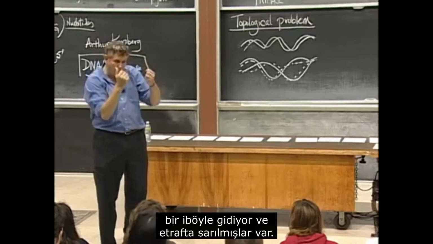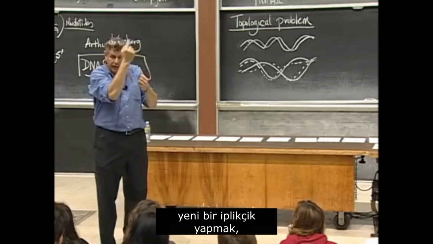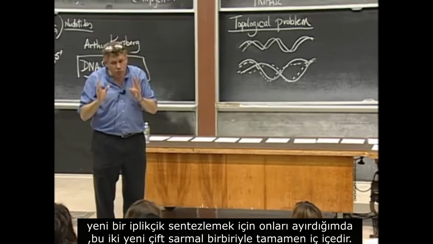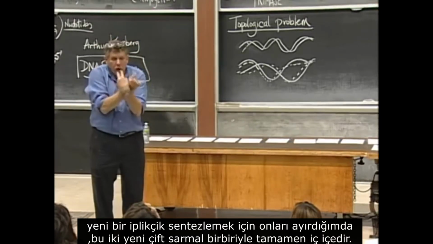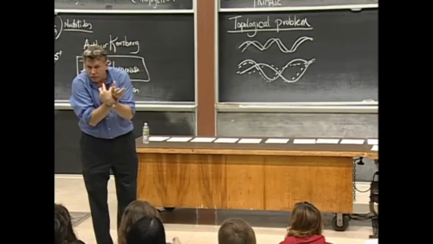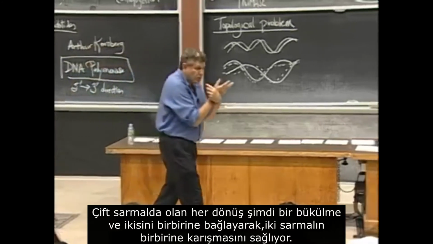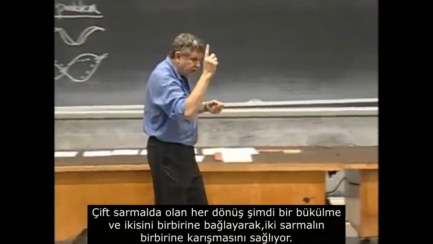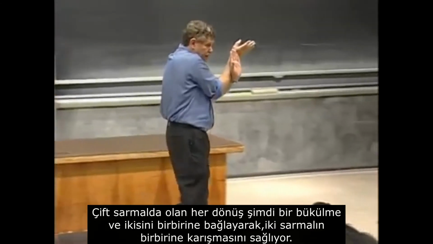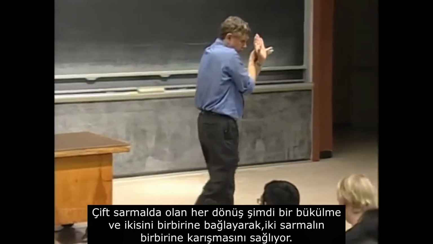As I tug them apart to synthesize a new strand, those two new double helices are so totally intertwined with each other. Every turn that there was in the double helix is now a twist and turn connecting the two, entangling the two helices.